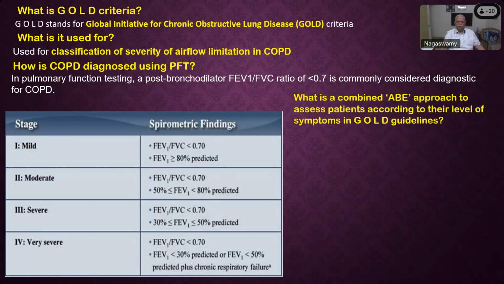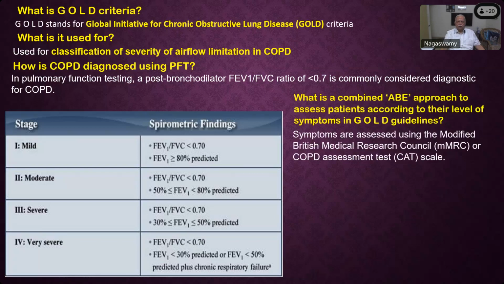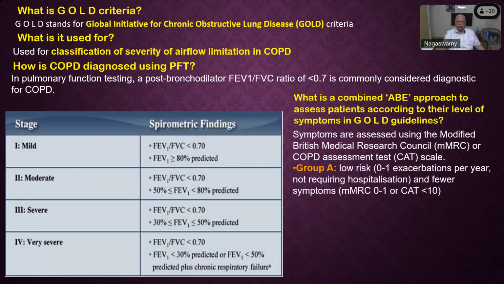What is the combined ABE approach to assess patients according to their level of symptoms in the GOLD guidelines? Again, this is another method. Symptoms are assessed using the modified British Medical Research Council scoring, or CAT scoring. There are 3 groups.